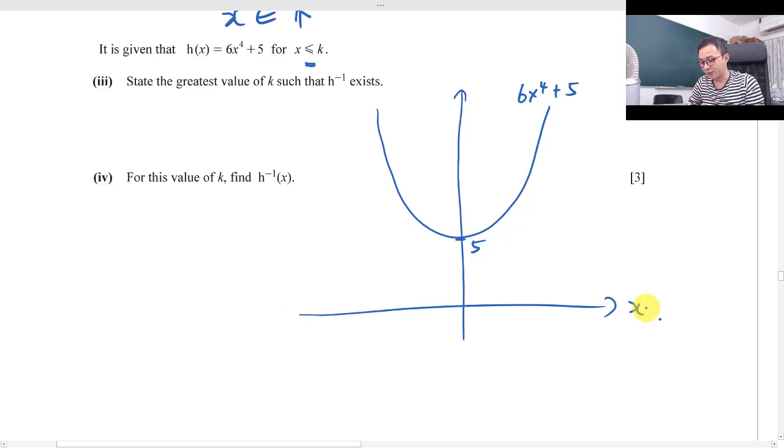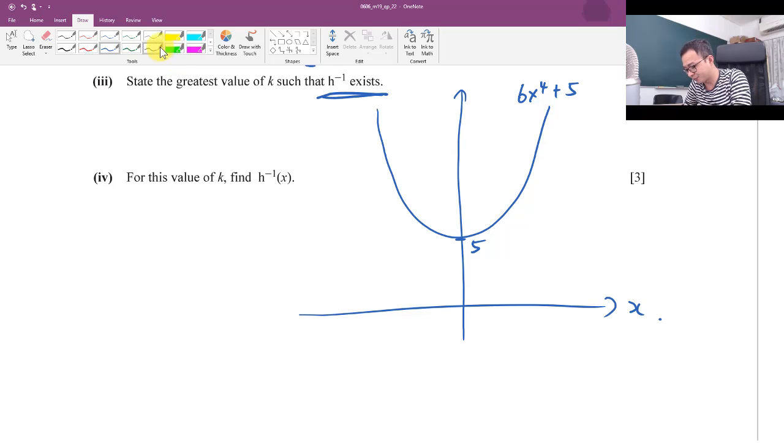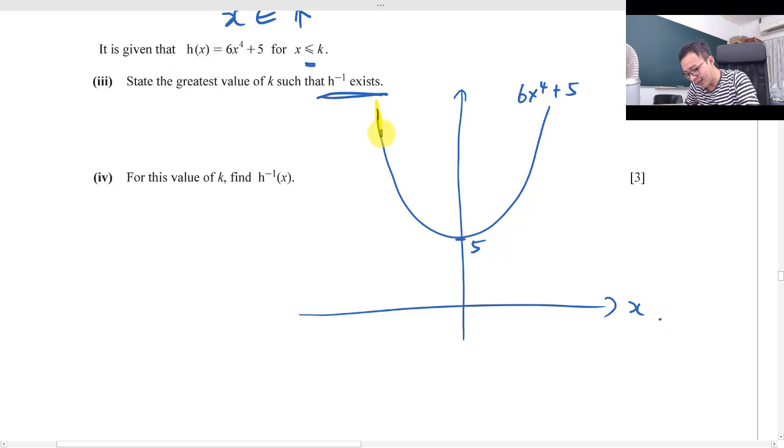Okay, so now in order to make the inverse exist, I can only take part of it. If I take the whole thing, the inverse doesn't exist because, like what I said, it is many to one. So in order to have one to one, I can only take either this part or the other part, or this part.